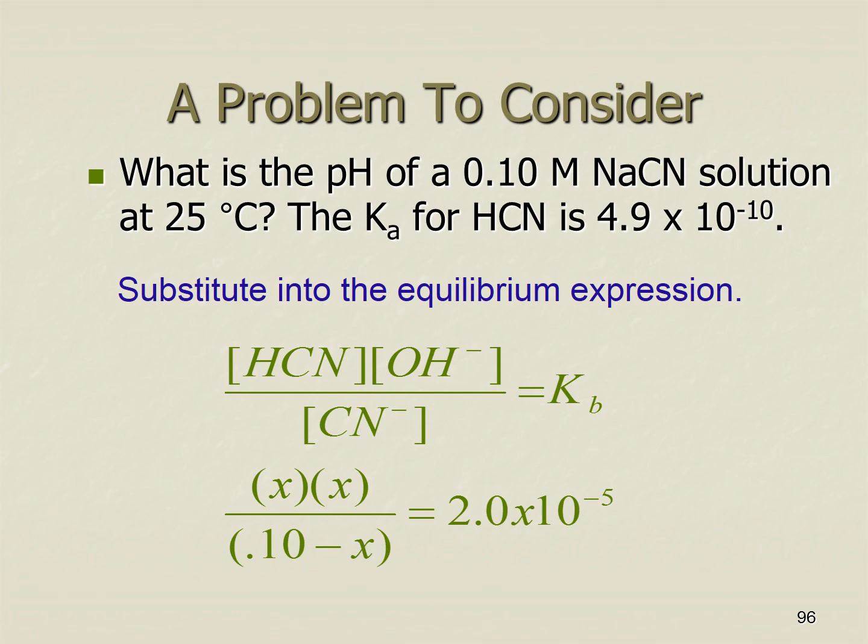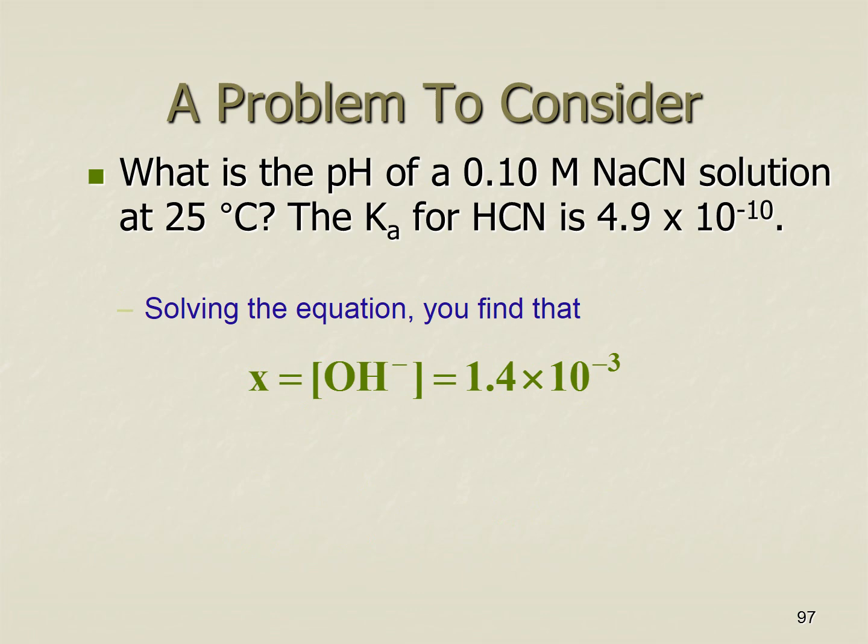So now if we solve this, we have x squared over 0.1 equals 2 times 10 to the minus 5. Multiply both sides by 0.1, so we'll have x squared equals 2 times 10 to the minus 6. And if you take the square root of that, you get 1.4 times 10 to the minus 3. All right, so x, which equals OH negative, is 1.4 times 10 to the minus 3.